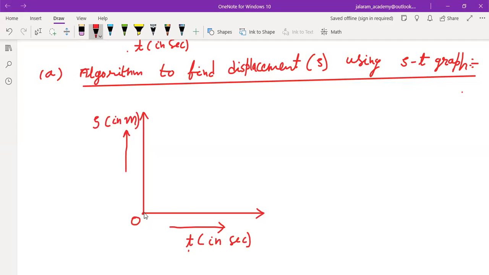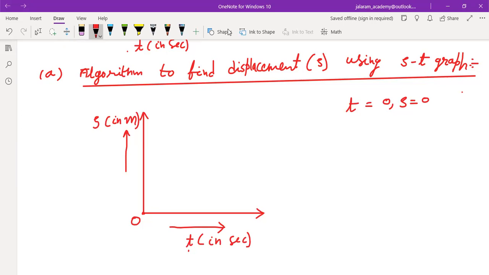So at O, at time 0, displacement is 0, meaning the body is at rest when t equals 0, meaning initially when we started observing the body, it is near us.